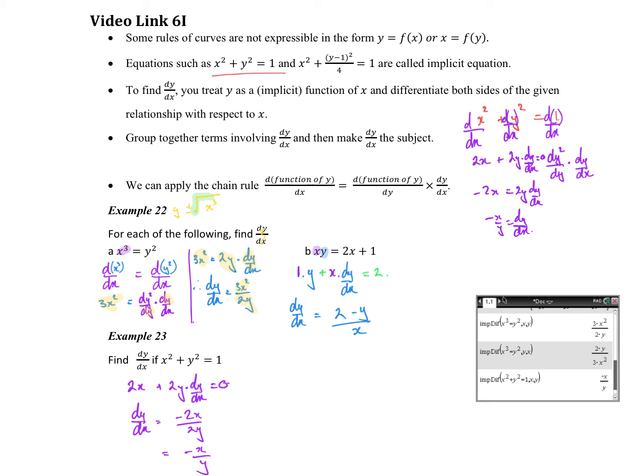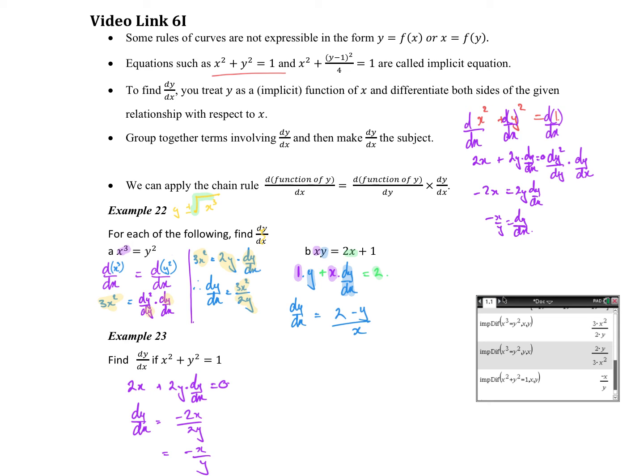So the derivative of x is 1 times the second function plus the derivative of the second function, which is just y, which is dy dy, which is 1 times dy dx, times the first is equal to, well, the derivative of 2x is just 2 and the derivative of 1 is 0.